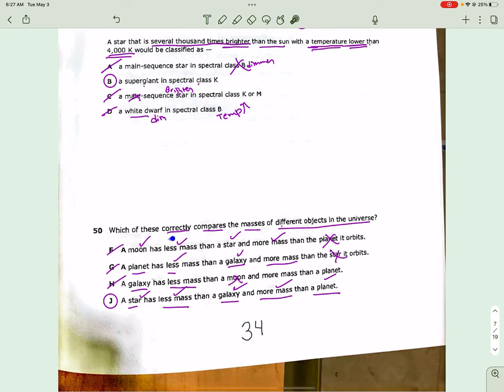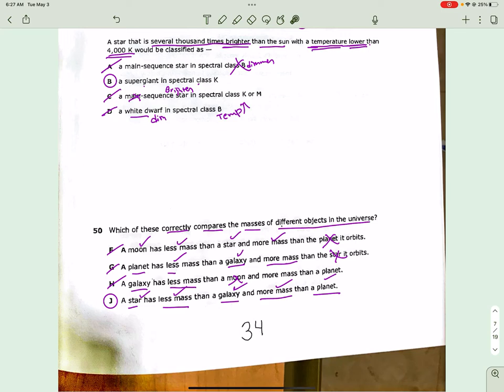So a moon has less mass than a star, yeah, and more mass than the planet. Nope, the moon also has less mass than the planet. A planet has less mass than a galaxy, yes, and more mass than a star. No, the planet doesn't have more mass than a star.